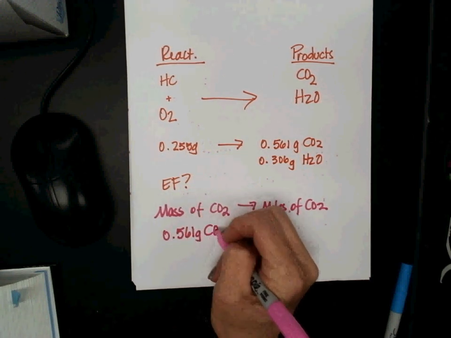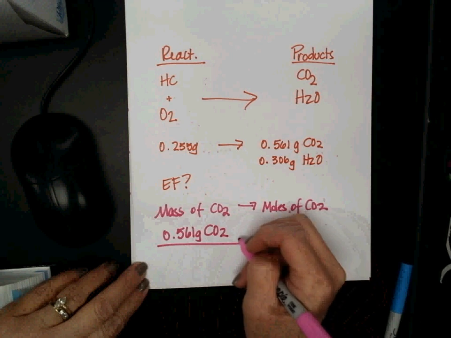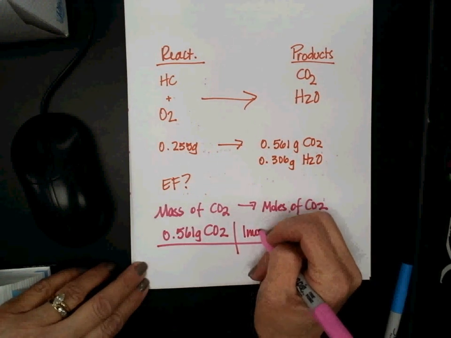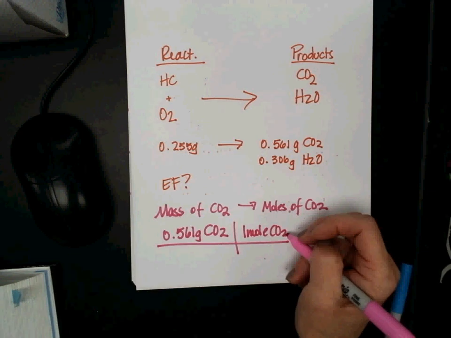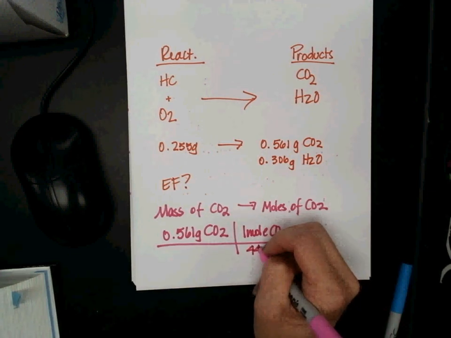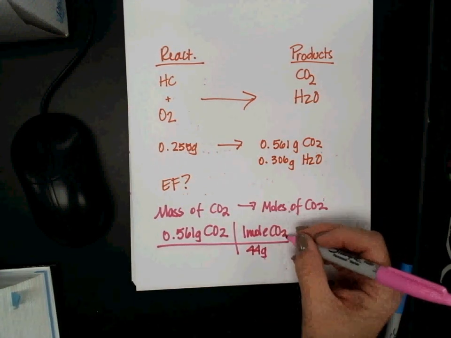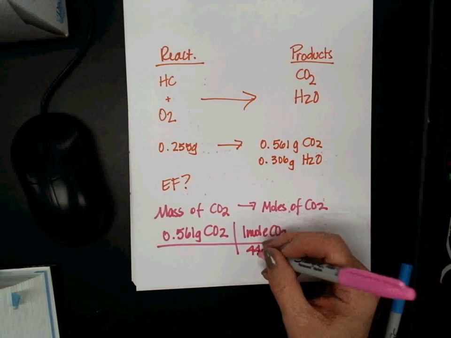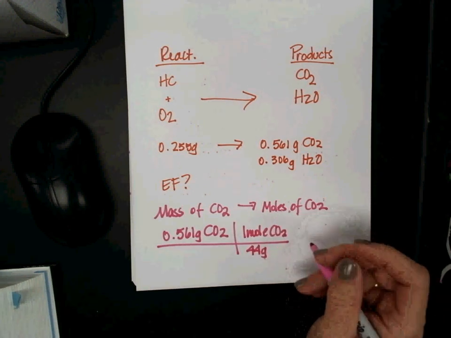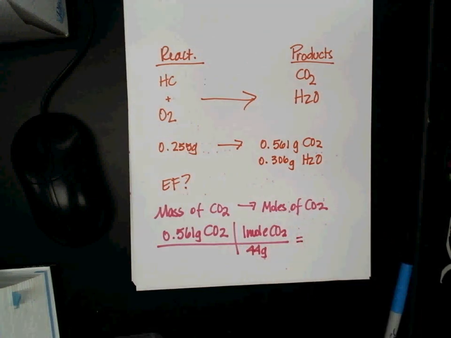My mass was 0.561 grams of CO2. If I have 1 mole of CO2, I have 44 grams, right? Because that's 16 times 2, which is 32, plus 12 gives me 44 grams per mole.